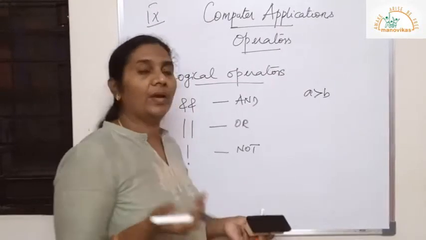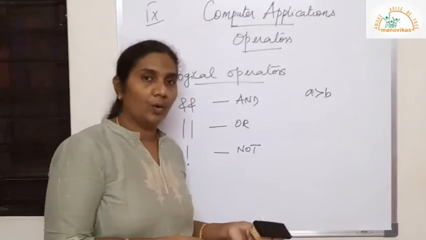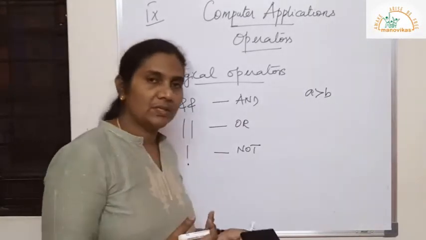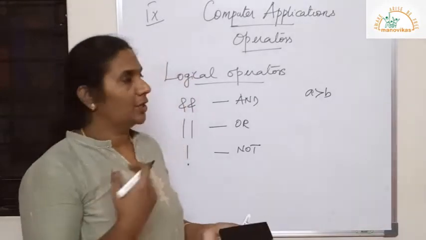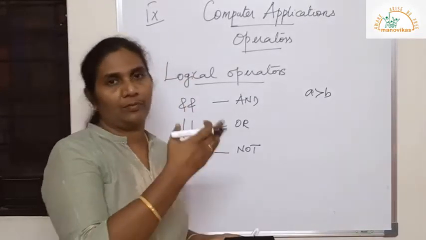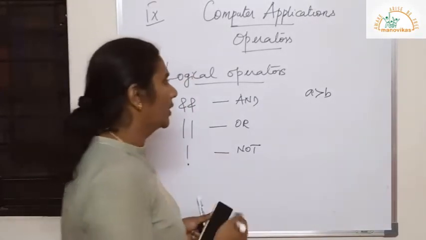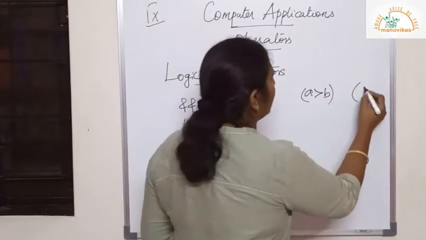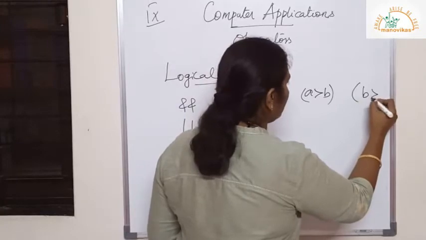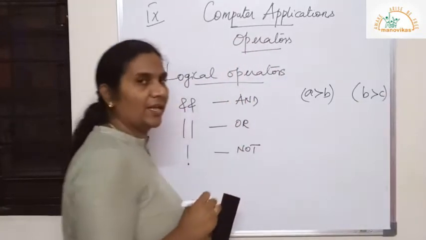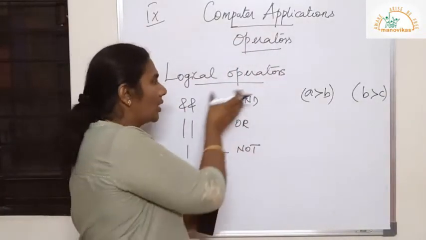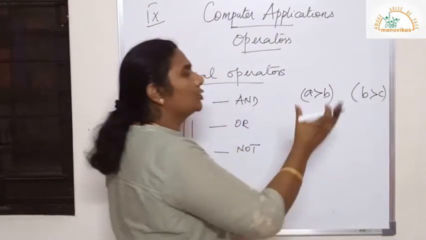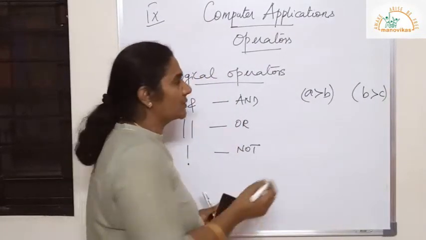Even you can write it directly in an output statement to get a result, or you can use it in an if condition to check if a value is bigger than the other value. Now this is one relational expression and this is another relational expression. Now this logical operator can be placed between two relational expressions.